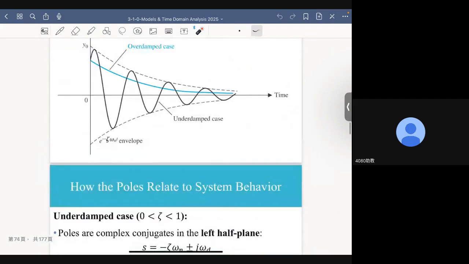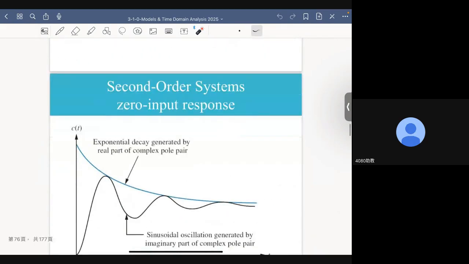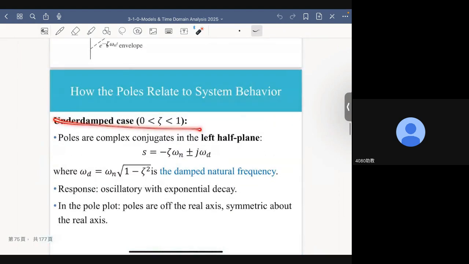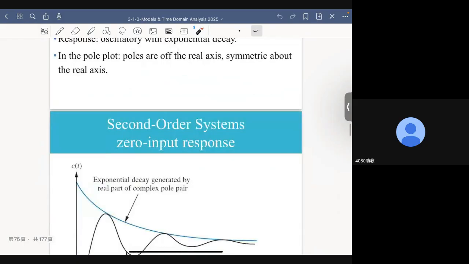Let's look into this underdamped case. Remember that what we are studying right now is the zero input response. Here, we don't have any input. So what we are studying is the basic behavior of the system itself. We are studying the nature of the system, all right?